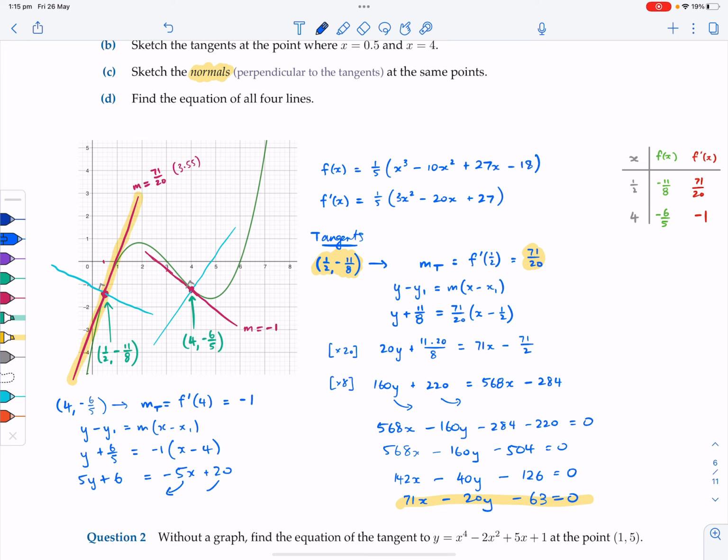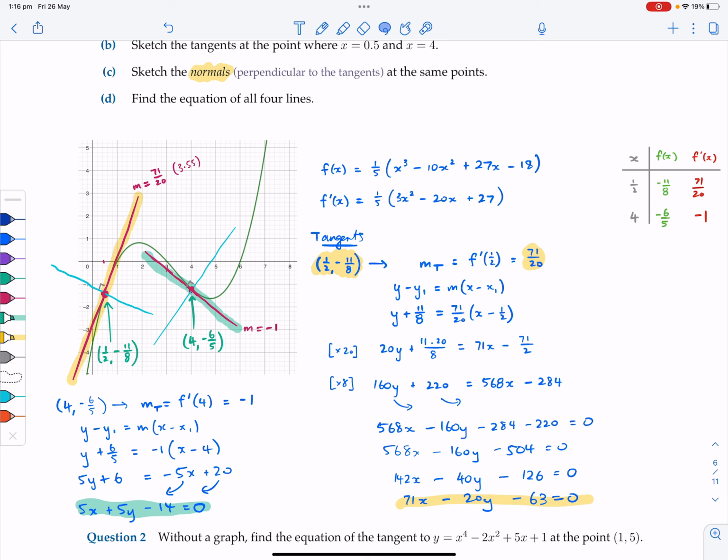Okay, and these can go and join the other side, and we get 5x plus 5y, then we've got a plus 6 minus 20, it's minus 14 equals 0. Right, and so that is the equation of this line. All right, done.